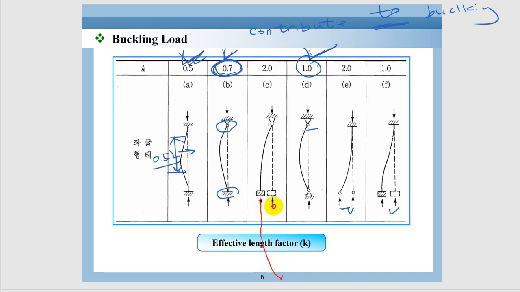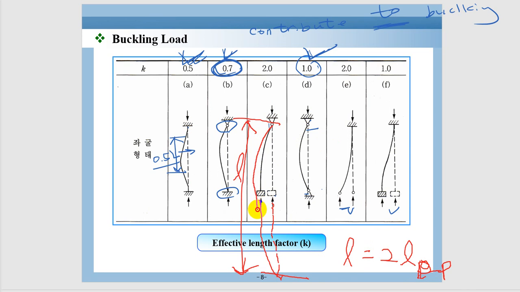Okay, so if you compare the L, this is L for one pin, one free. This is L, so L is around 2 times L0, L0 pin here, right? So this is twice of this.